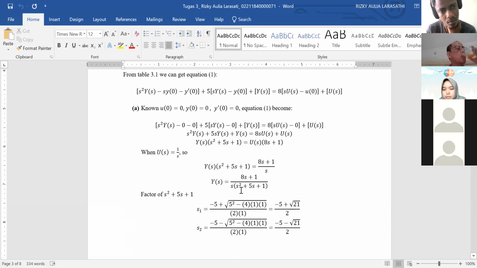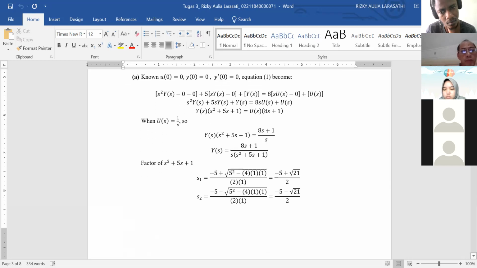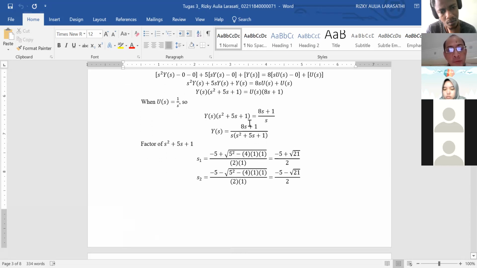Yes, sir. So from this we can factor s² plus 5s plus 1, and then we get the roots: s1 equals (minus 5 plus square root of 5² minus 4 times 1 times 1) over 2 times 1, and s2 equals (minus 5 minus square root of 5² minus 4 times 1 times 1) over 2 times 1.